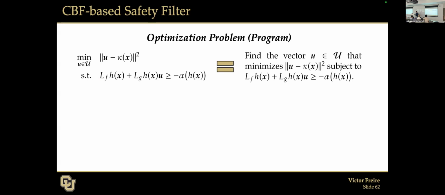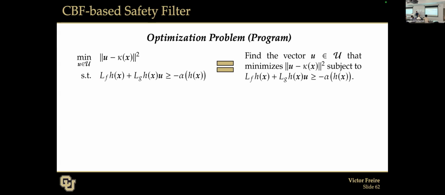Now, looking at the optimization problem, each term that depends on x here is a constant for a given x. So even though they look nonlinear, and they are nonlinear, we are optimizing over the input, not over the state. So all these terms are just constants as far as the optimization problem is concerned.